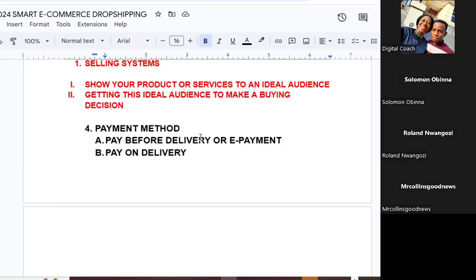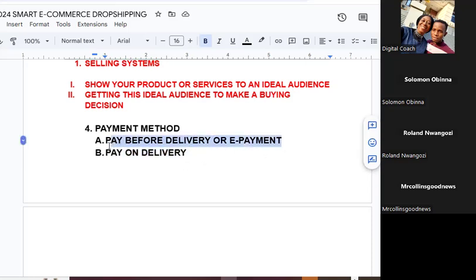Okay, so pay on delivery is okay. If you are comparing the two, if you're able to collect payment from people before you deliver, let's say you're able to make 10 deliveries. If you are using pay on delivery, you can even make up to like 20 or 30 because people want to see. They are not in any risk, but with the other one, there's a lot of risk.